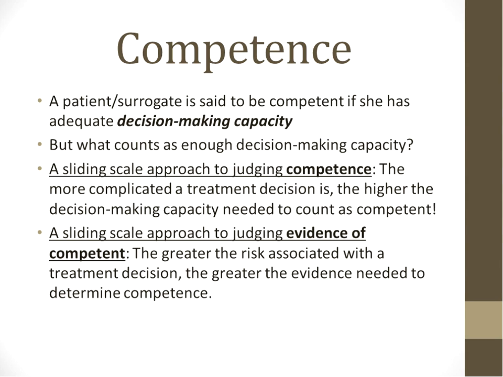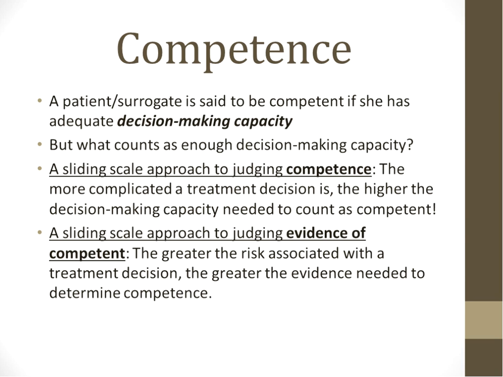Now, I want to complicate this just a little bit, but it's important, and I promise we'll understand it. We judge competence, like I said, on a sliding scale, but look at that fourth bullet point there. We also judge evidence of competence on a sliding scale. Now, what does that mean? It simply means this. Ask yourself, how much evidence do you need that a patient is competent?